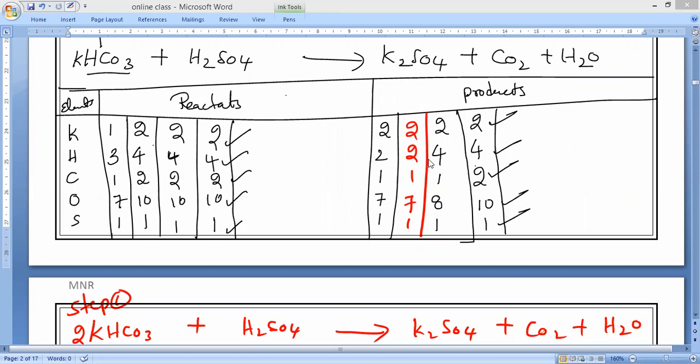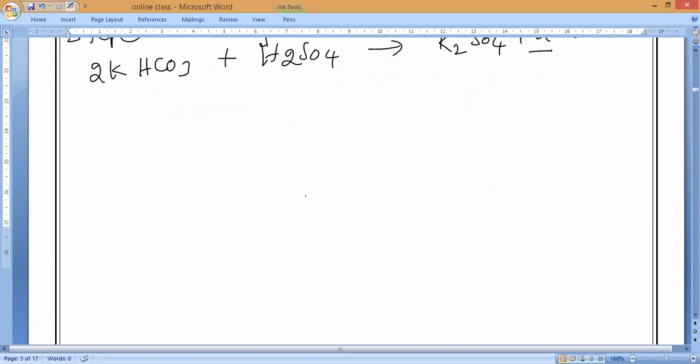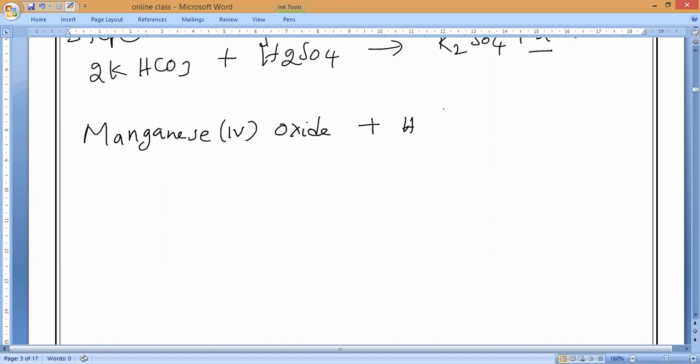Now, can I give you a word equation, guys? Yes, sir. Let me see who will balance first. Write a word equation. Manganese oxide, manganese 4 oxide, reacting with hydrochloric acid.